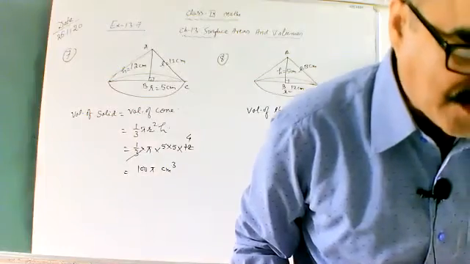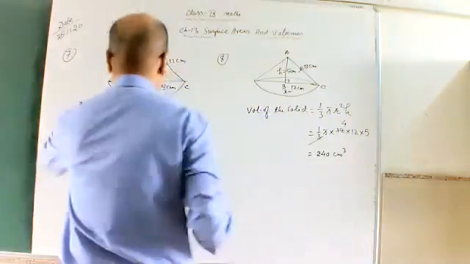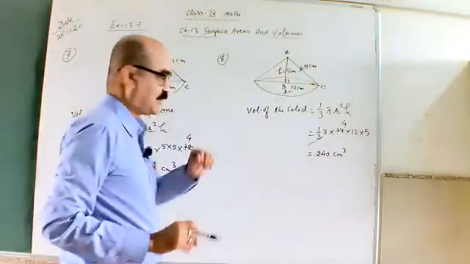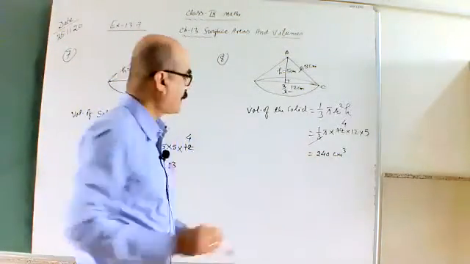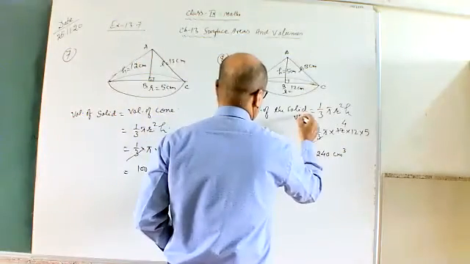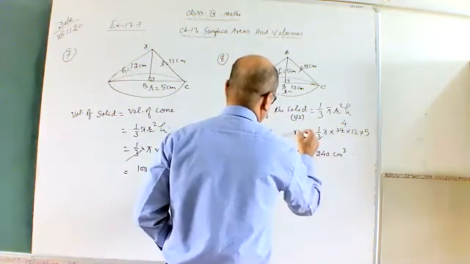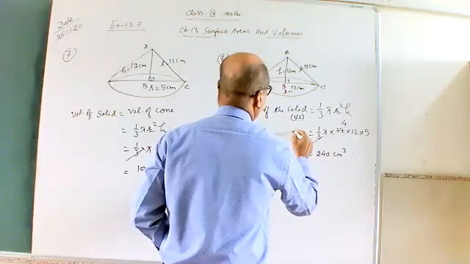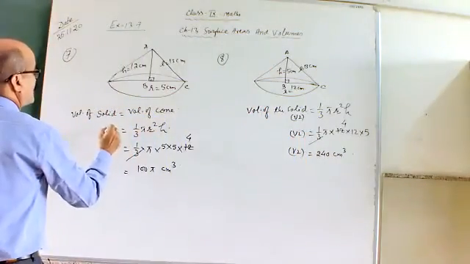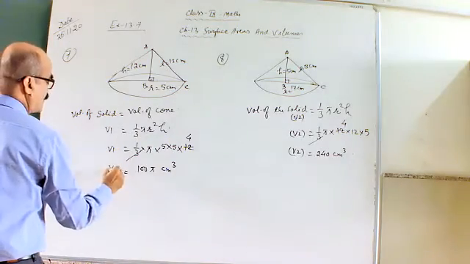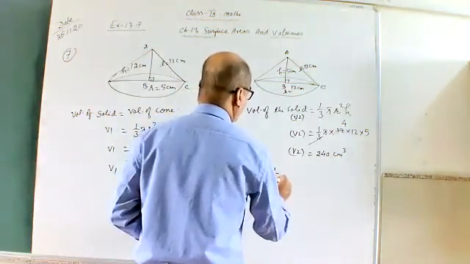And one more thing is given. You have to find out the ratio of the volumes in question number 7 and question number 8. क्वेश्चन नंबर 7 और क्वेश्चन नंबर 8 में जो आपका वॉल्यूम आया उसका रेशियो निकालना है. तो suppose this is your volume 2, this is V2, and suppose this is volume 1. So we need to find V1 upon V2.